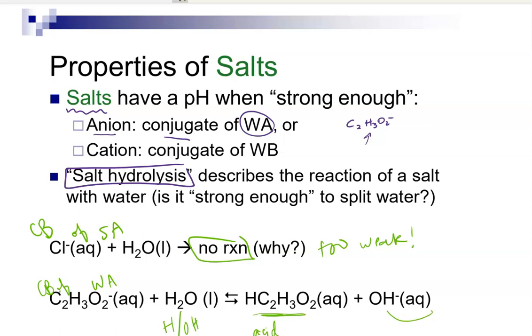And then it releases the OH minus to the solution. And because it releases the OH minus to the solution, it creates a basic pH.